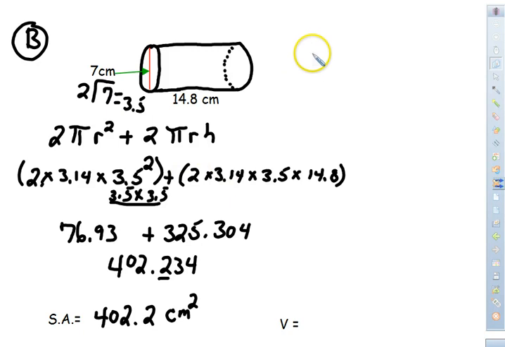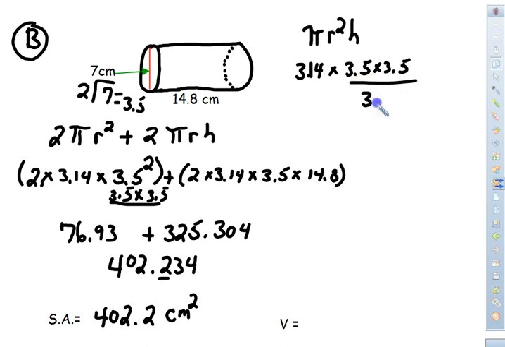Okay. Now the formula for our volume is pi r squared times the height. So 3.14 times 3.5 times 3.5, because this right here equals 3.5 squared, times the height, which is 14.8.